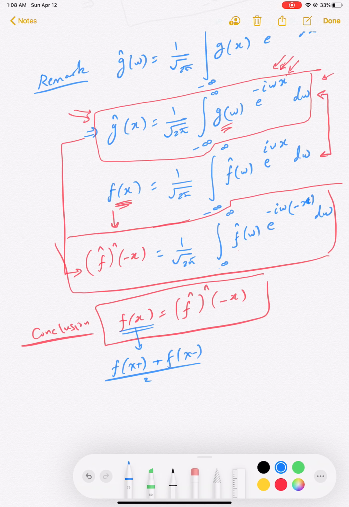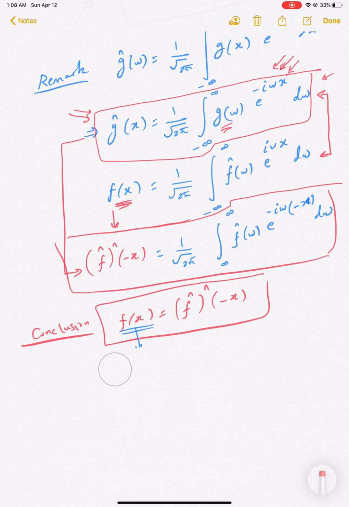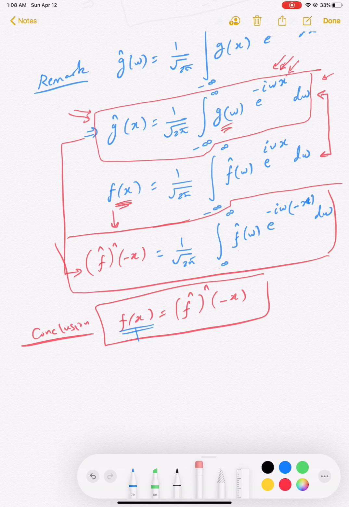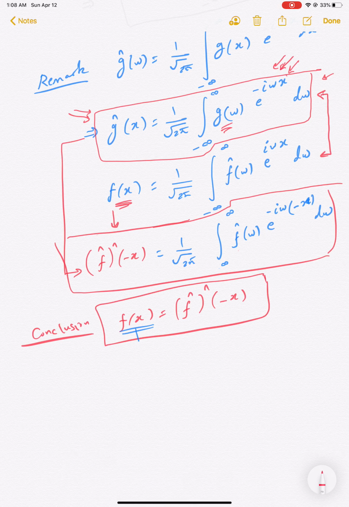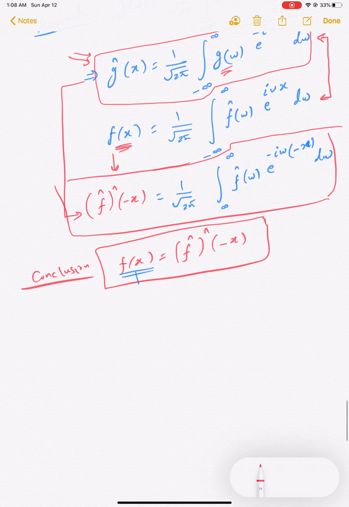Yes, it is almost equal, except at certain points that we can't talk freely about here, but this is the idea. So my conclusion in this remark is that there is a relation between the function and the double transform, f hat, as you see in this formula. F hat of negative x is equal to f of x.